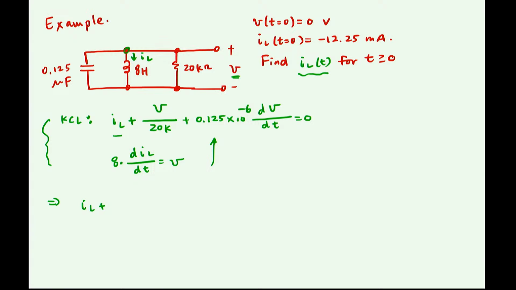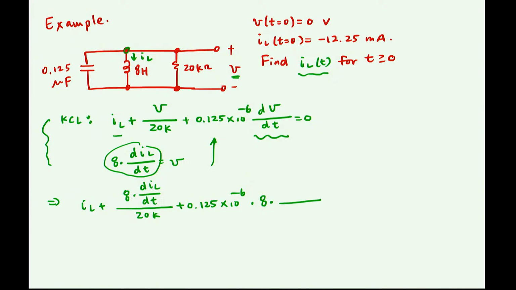And then V is equal to 8 dIL/dt divided by 20K. Okay, dV/dt is now the derivative of this term. Okay, so 8 times d²IL/dt² equal to 0.